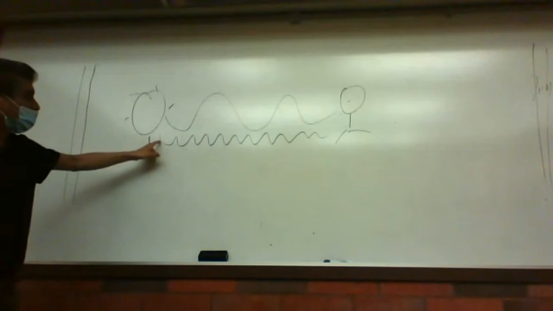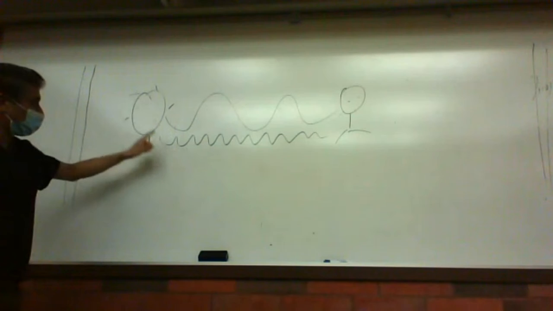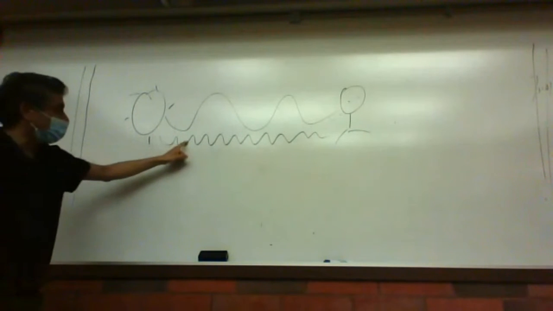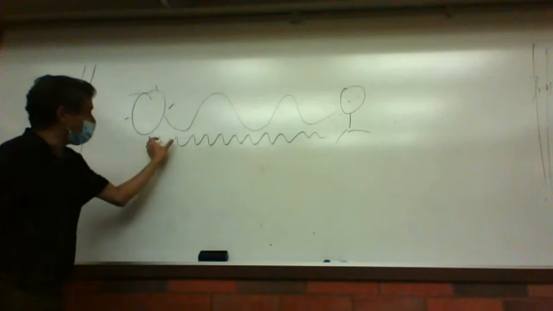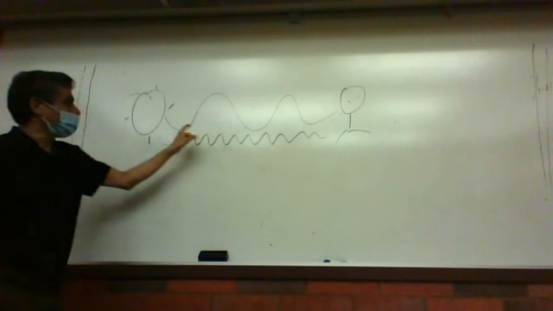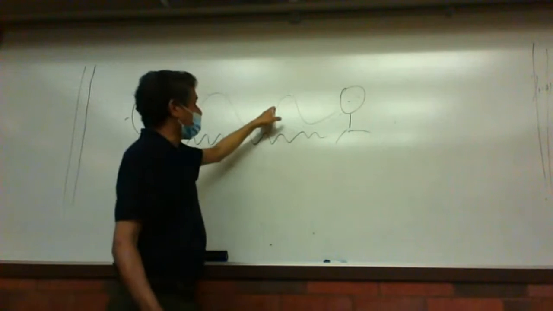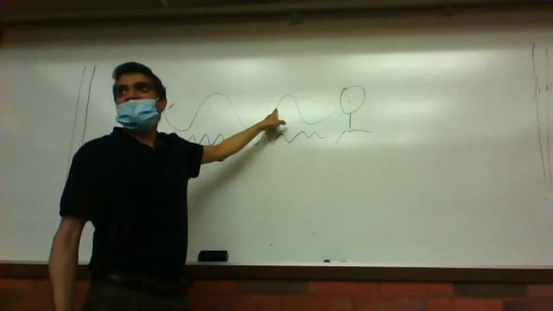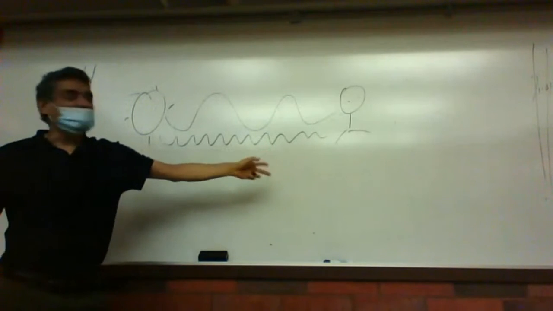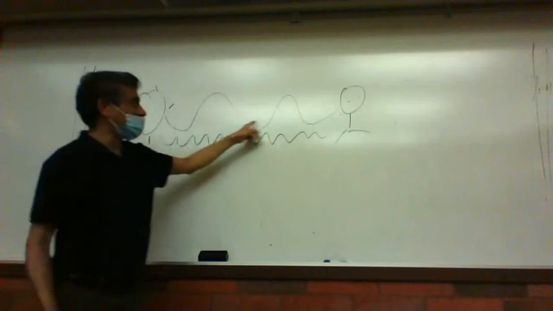But how about the light? Maybe the light is like this. Maybe this is a blue light, or maybe white light. I don't know. If it is light, it travels like this with a very small distance from peak to peak. But the heat travels with a long distance, like this is a man with a long leg, and this is a baby with a short leg. But this walks fast, this walks slowly.